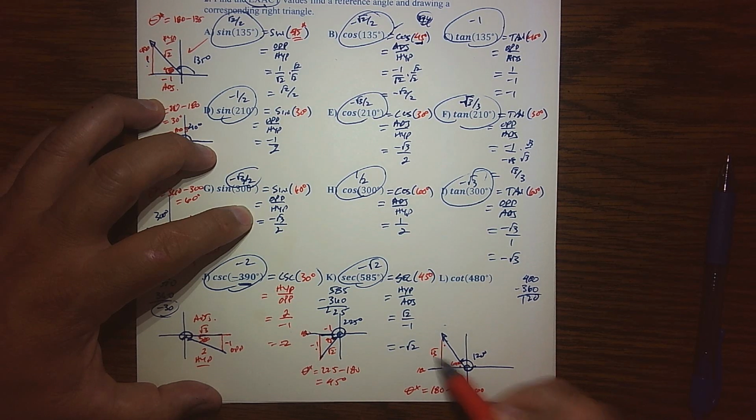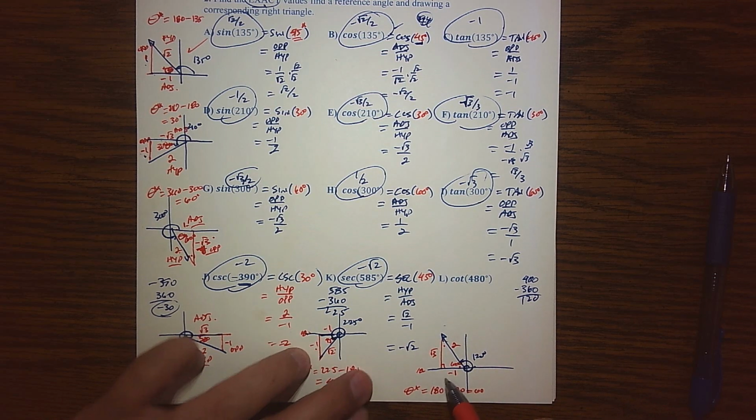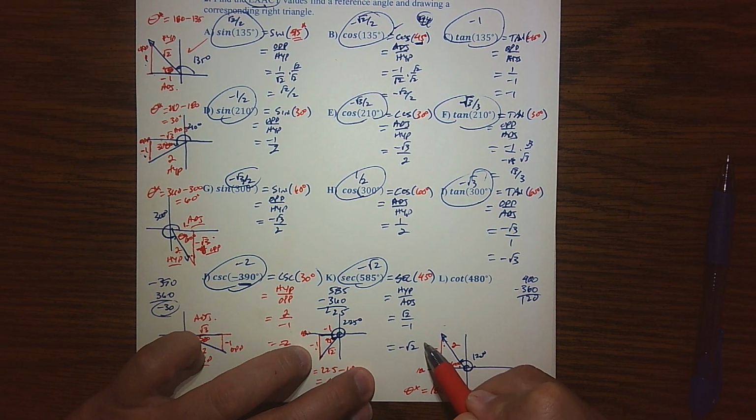This would be the square root of 3, and the hypotenuse is always 2 for that corresponding right triangle. So I'm just using the 30-60-90 right triangle, and then positive or negative depending on where I'm at. X is negative, Y is positive, and R is always positive. So there's our adjacent, there's our opposite, and here's our hypotenuse.